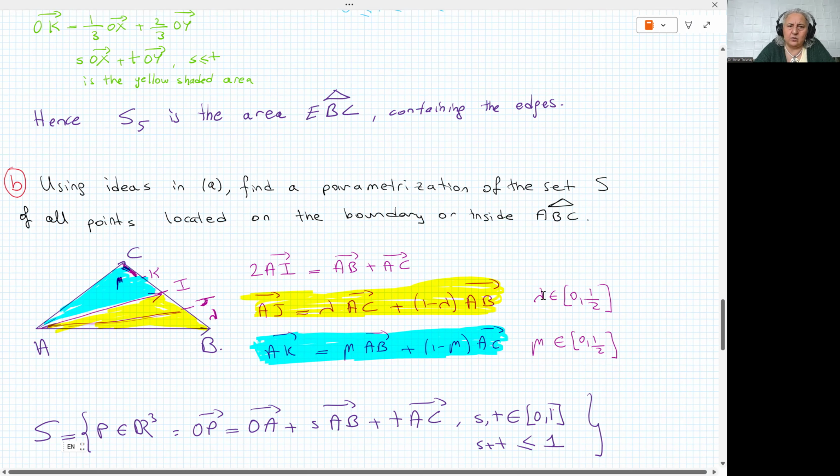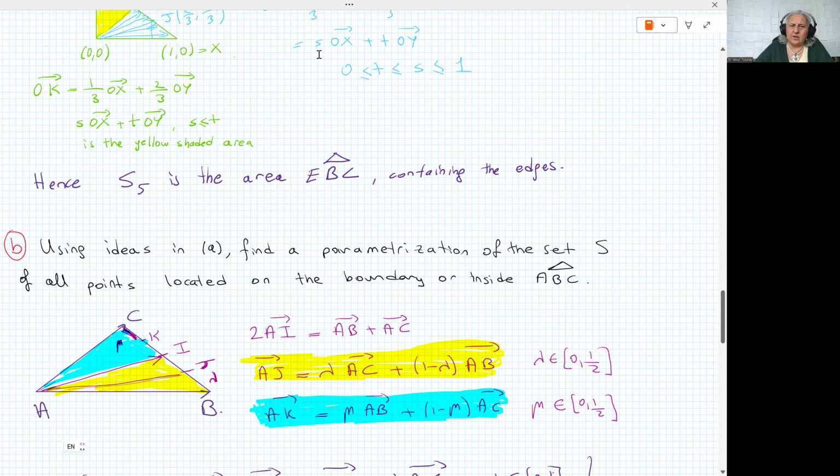This is exactly the work that I've demonstrated here. This is where it's coming from. And then the points here will be just AK with mu, because the coefficient of AB is smaller than the coefficient of AC. And the summation has to be 1 because you have the whole.